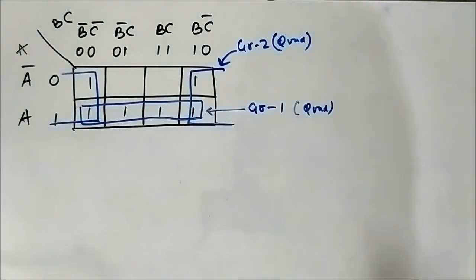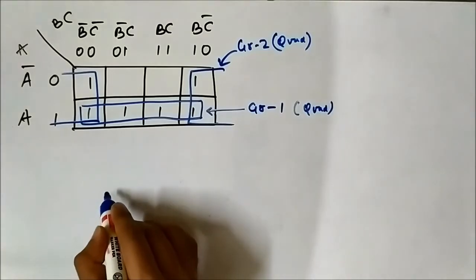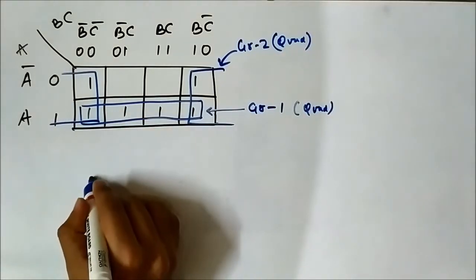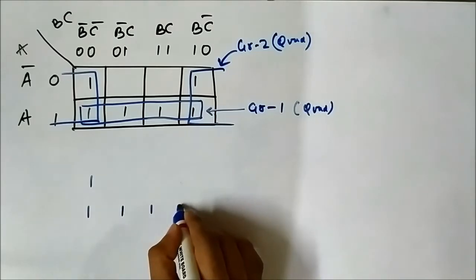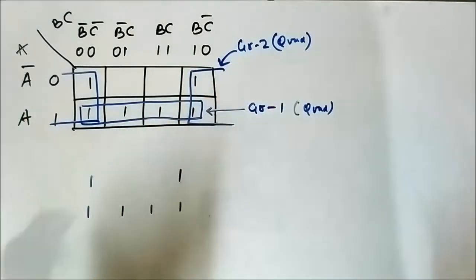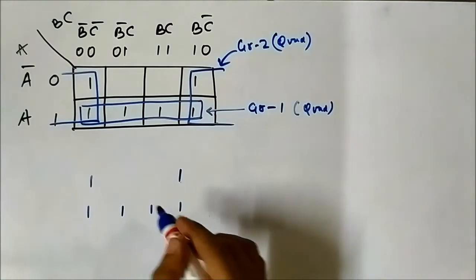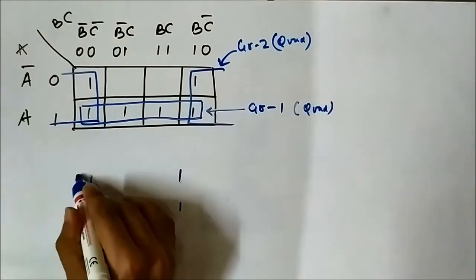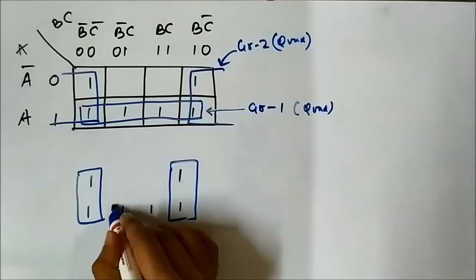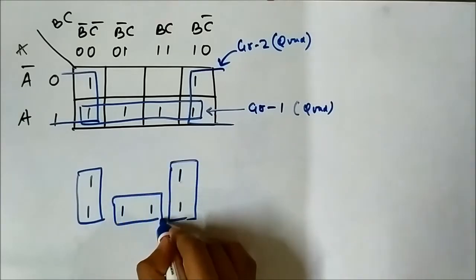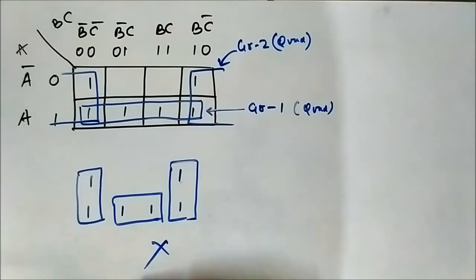So here you don't do it like this. If you do something like this, with 1 1 1 1 1 like this, and form a pair here and one pair here, then it is wrong.